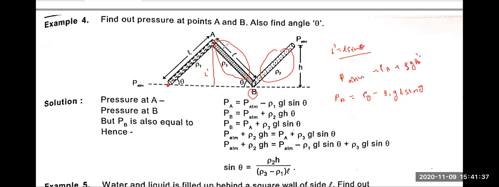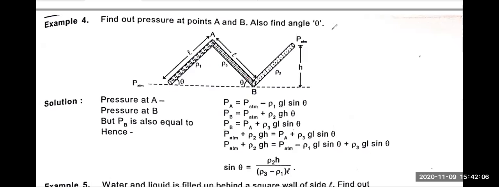So if we talk about this first, pressure on B is pressure on A plus rho 3 g L sine theta. Now, about this, it is PATM. So PB is PATM plus this. Equate it, find the value of L sine theta, equate in this, and you will get the relationship of sine theta. This is a linear equation in one variable. Got it, everyone?